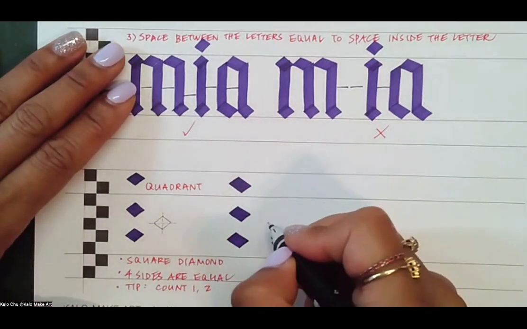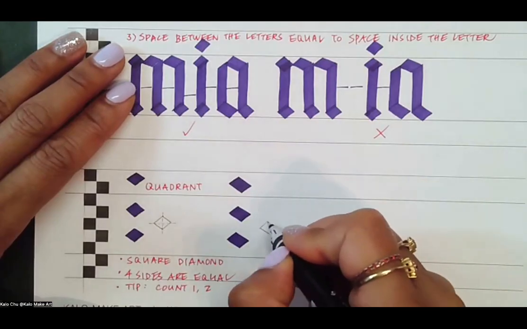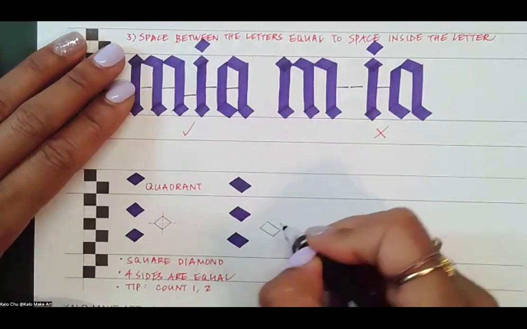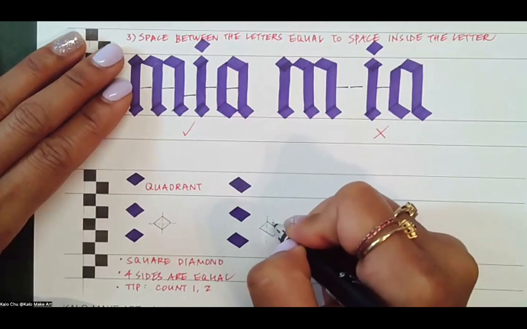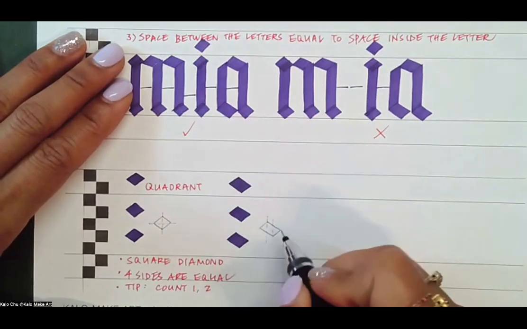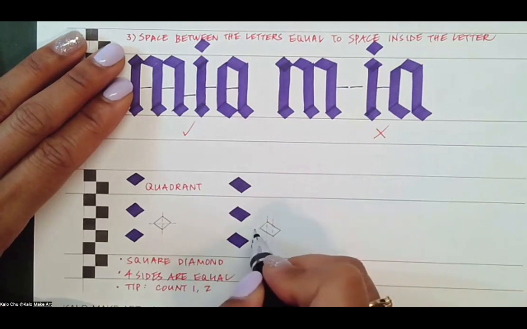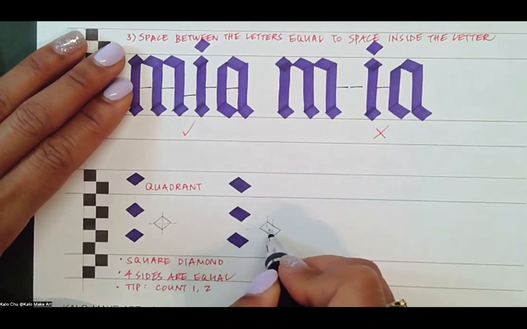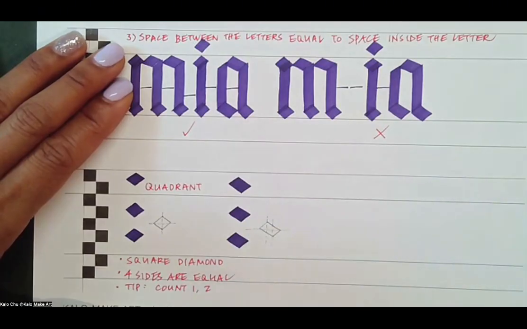Now, when we draw this, you want to make sure this is longer, like a rectangular shape. And when we put the dotted line, you notice that this corner and this corner, they don't align, right? But the horizontal should align, okay?